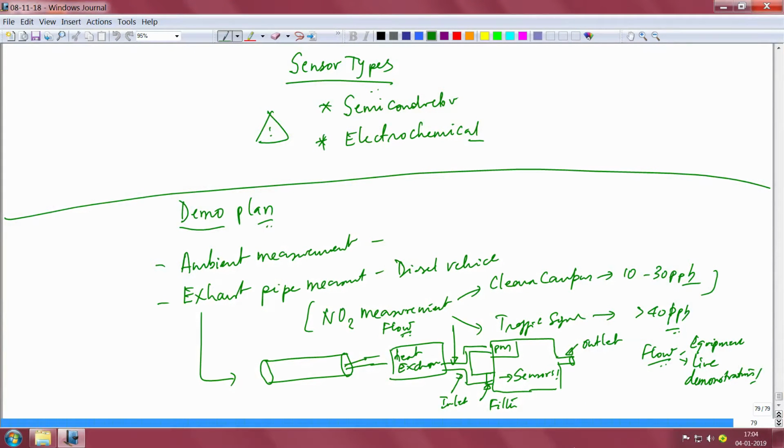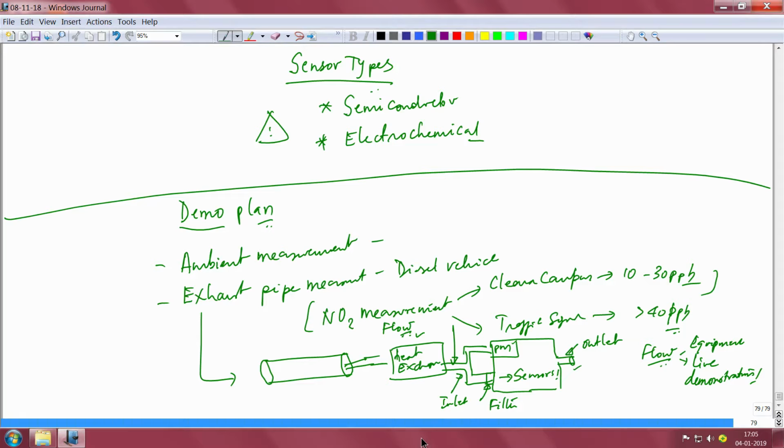I mentioned that there is an exhaust pipe, and then there is a heat exchanger up here, and then there is a splitter which will take the gases directly inside PM, which is particulate matter measurement, and then there is this other one which has all the other sensors inside this box. Of course, there is a filter, right, and this filter is expected to remove those materials which can poison these sensors and bring down the life of these sensors, and then there is an outlet, okay.